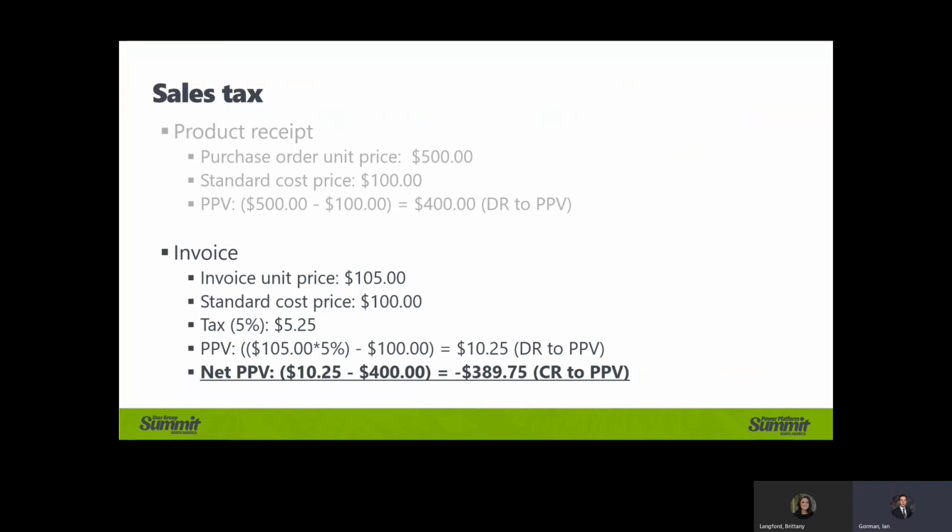If we subtract the standard active cost for this item of $100, the debit amount is $10.25 to PPV. When we're calculating the net PPV entry upon the posting of the invoice, it is the invoice PPV entry minus the product receipt PPV entry. So $10.25 minus $400, which generates a credit to PPV of $389.75.